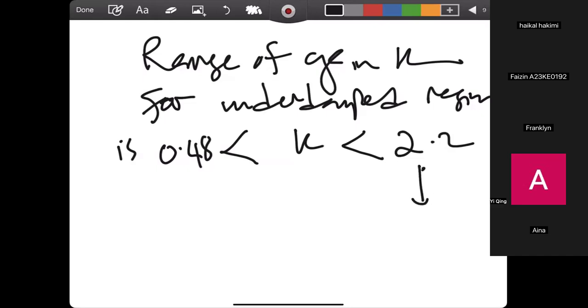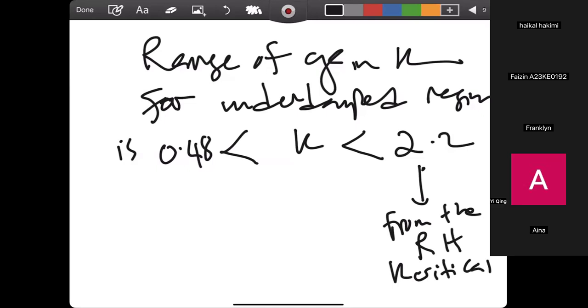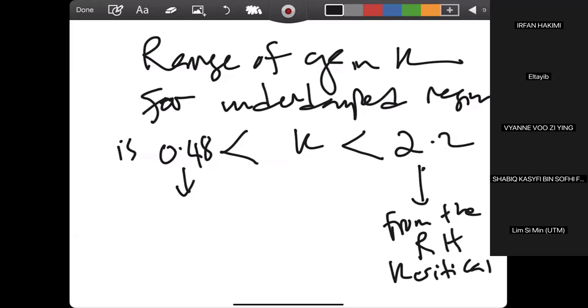This one is from the Routh-Hurwitz that you calculated, K critical. And how did you calculate 0.48? How did you get 0.48?